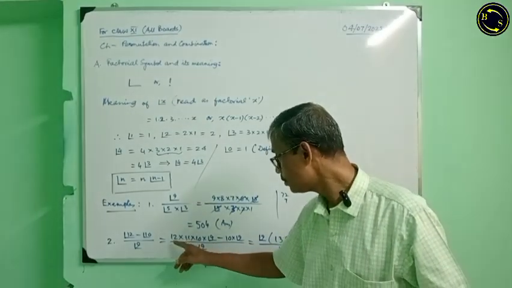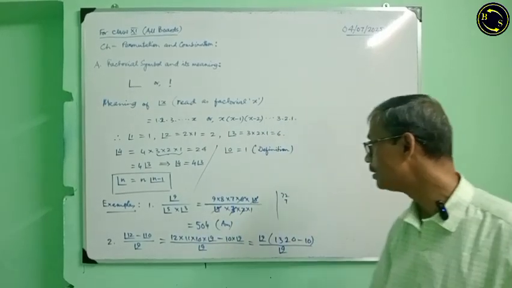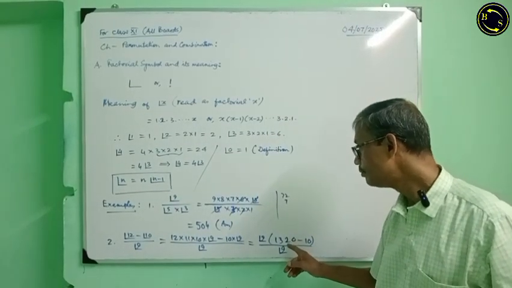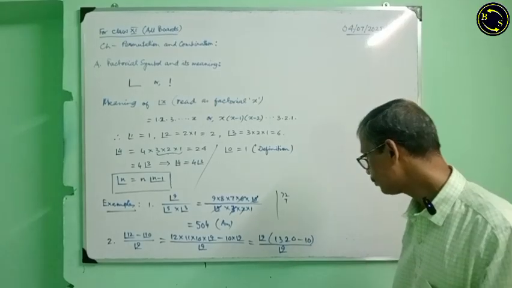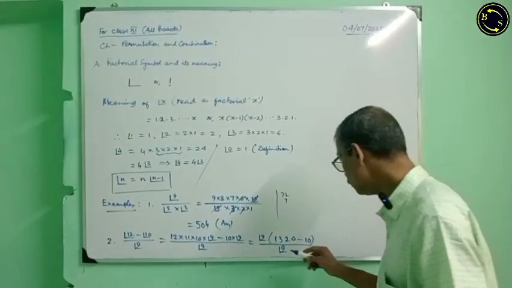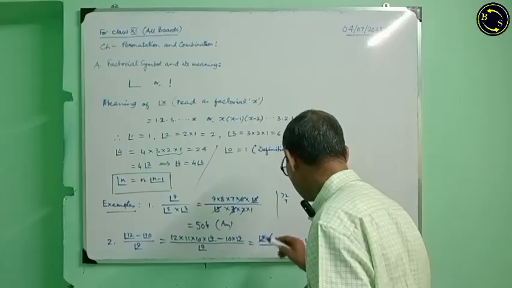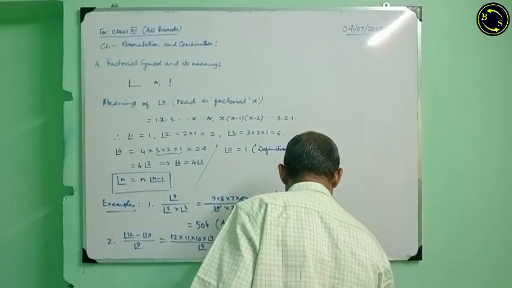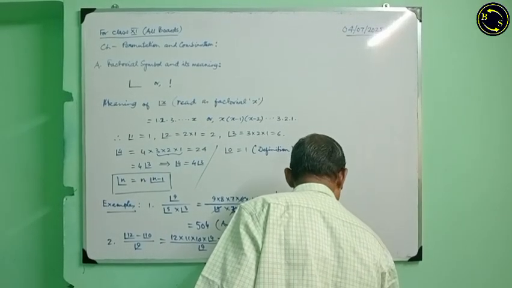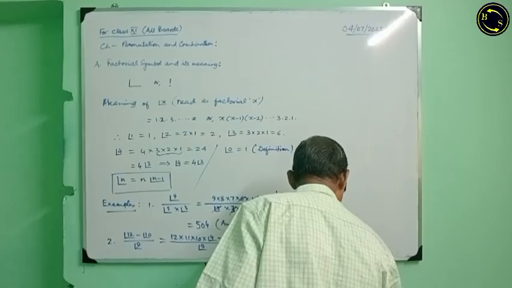Now product of these 3, 12, 11 and 10. These two are cancelled, therefore result is 1310.